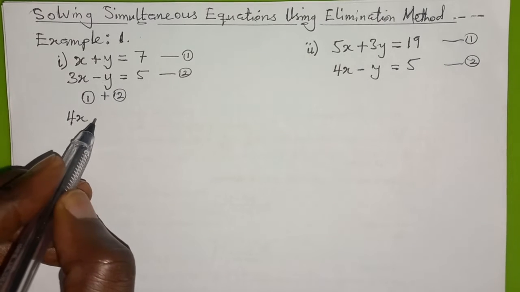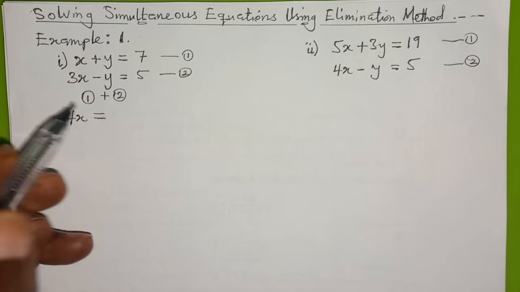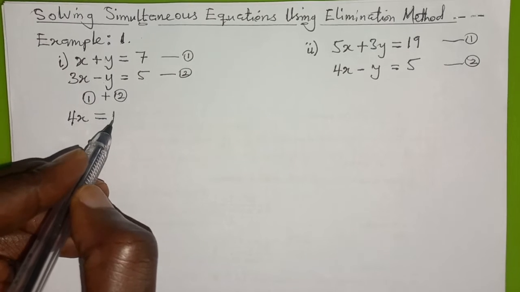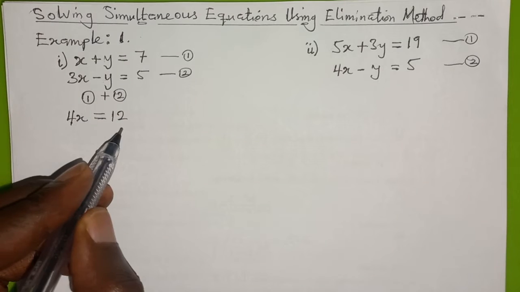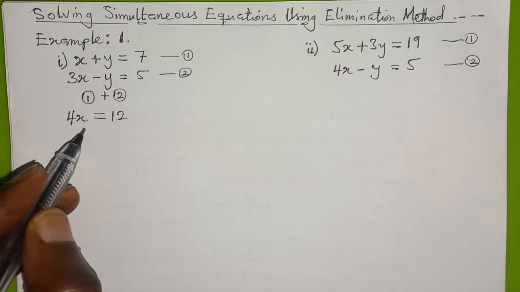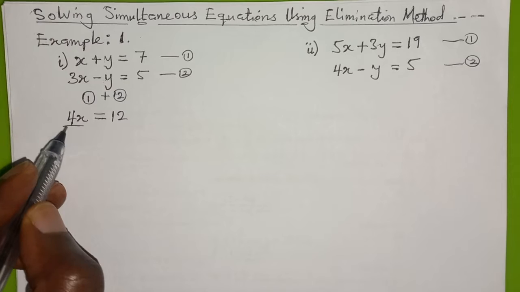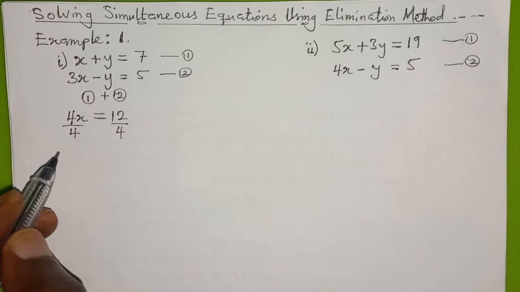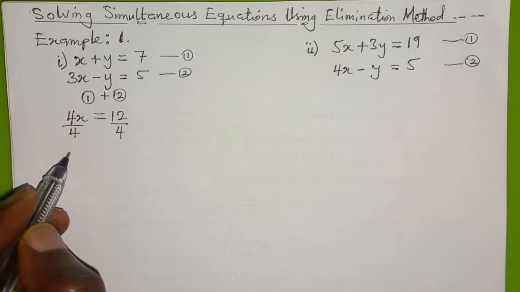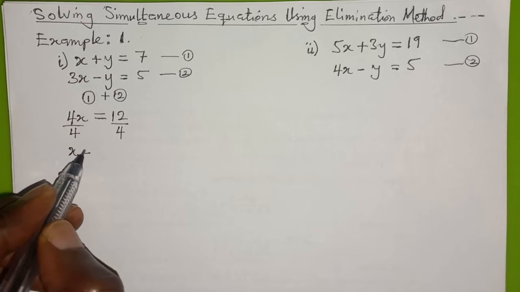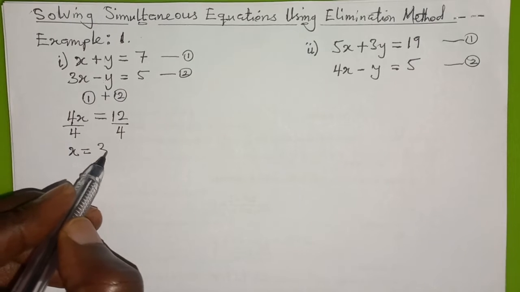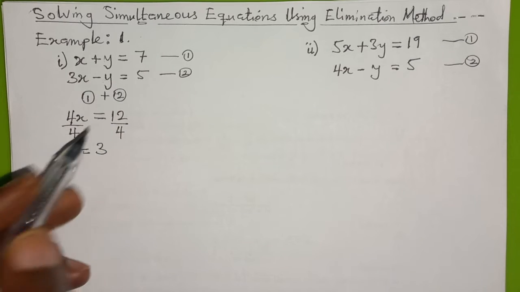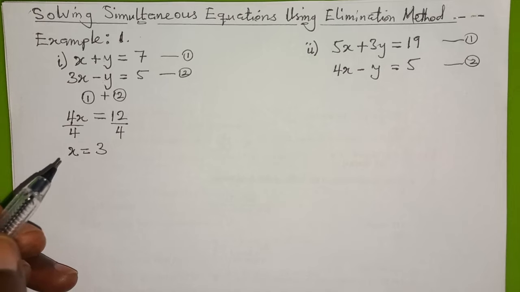Then our equal sign will come. 7 plus 5 is 12. So this is just looking so simple. So we divide through by 4, divide here by 4. Our final answer would be x equals 3, since 4 cancels off 4 and goes into 12 3 times.